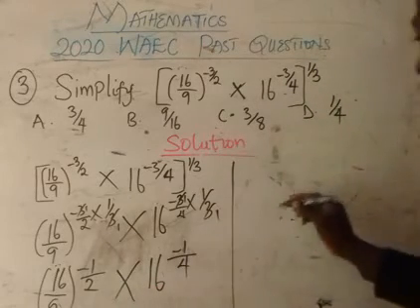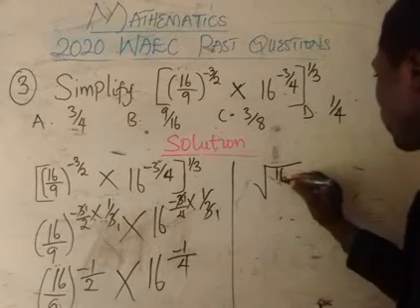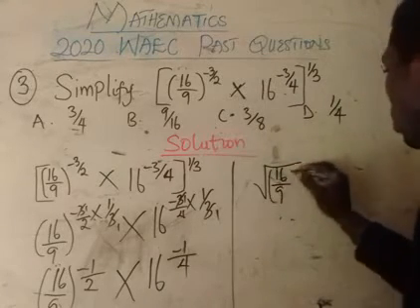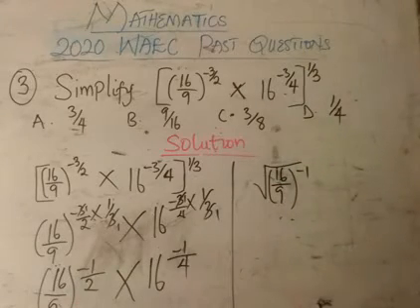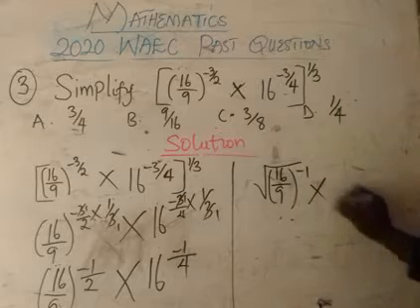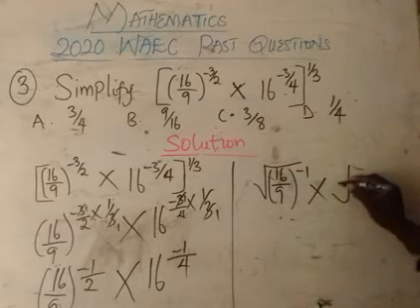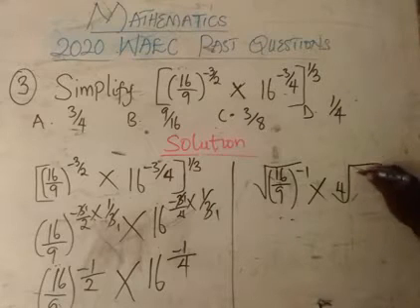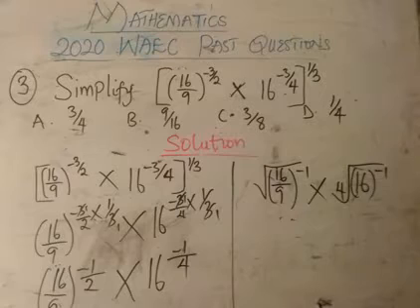So we have the square root of 16 over 9 raised to the power of, remember, a negative 1, multiplied by what we have here, the fourth root of 16 raised to the power of negative 1. Don't forget that. It is very, very important.